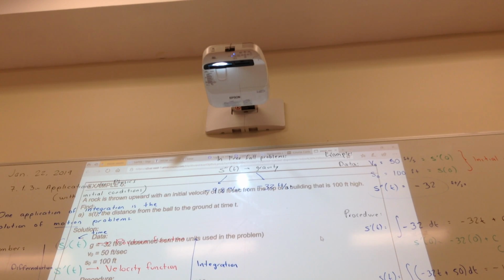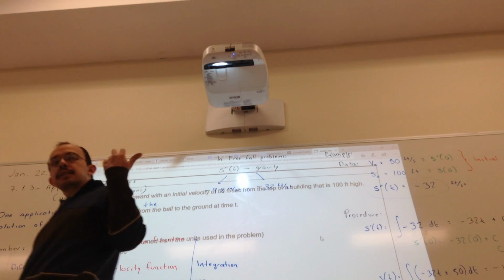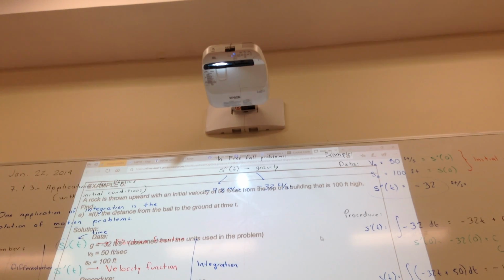So the position function is minus 16t squared plus 50t plus 100. And that's it. What is the position function? It represents the position at any instant during the motion.